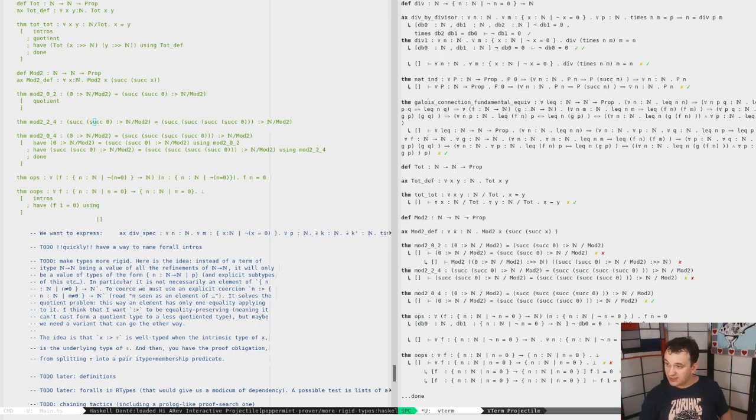But to reduce these, I need to do type checking. Well, in that particular case, it's sort of manifest. So we have sort of an immediate problem.